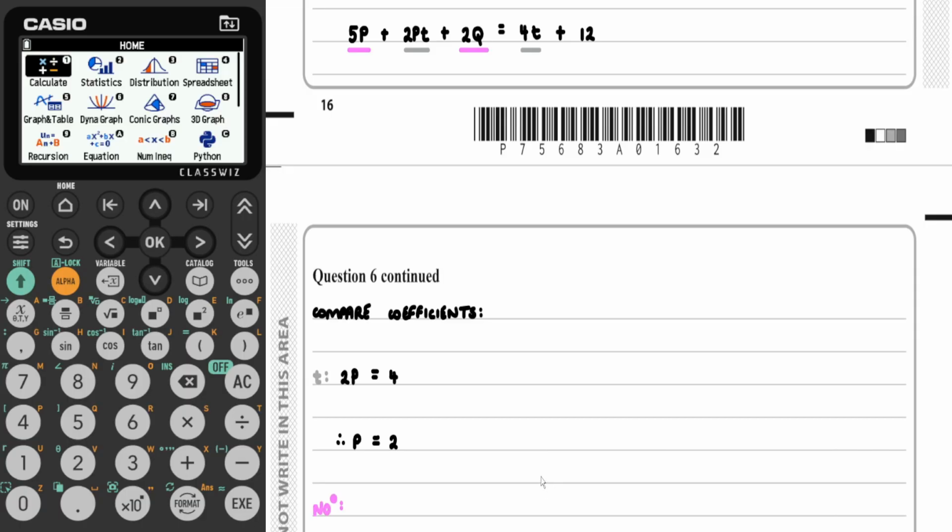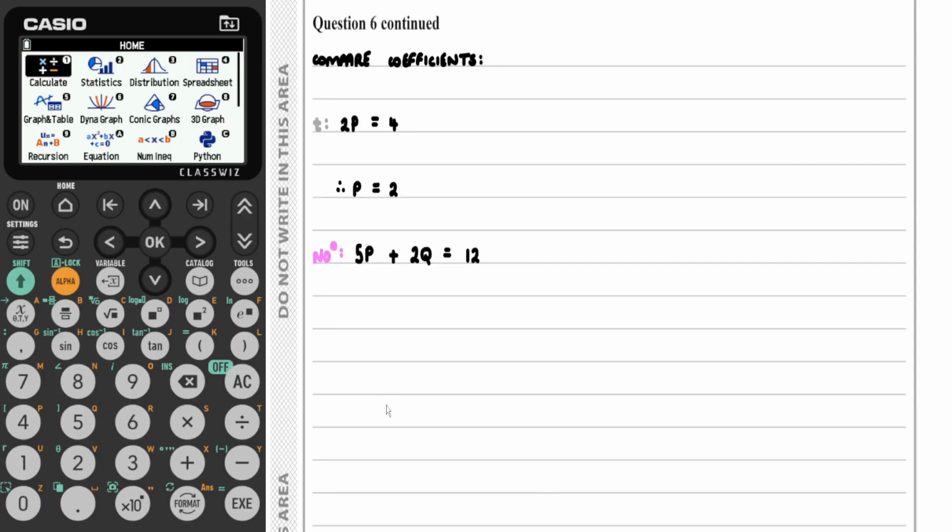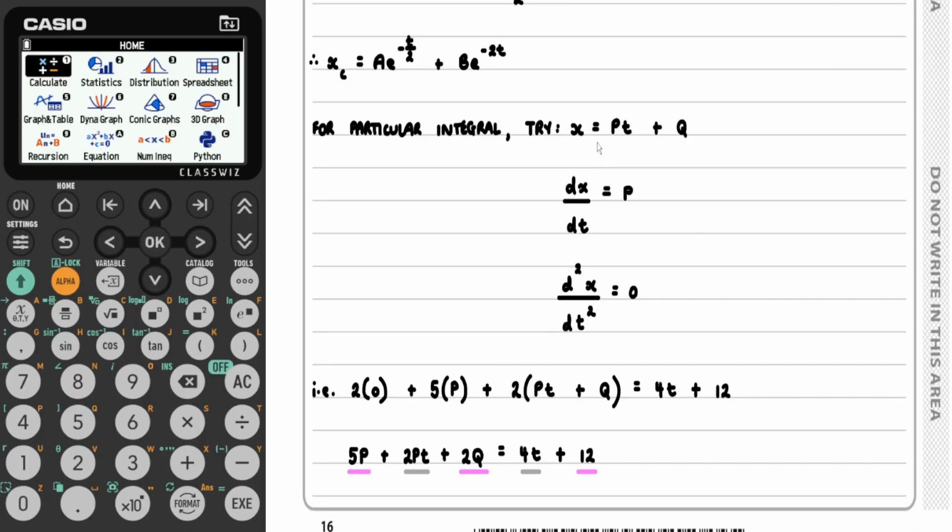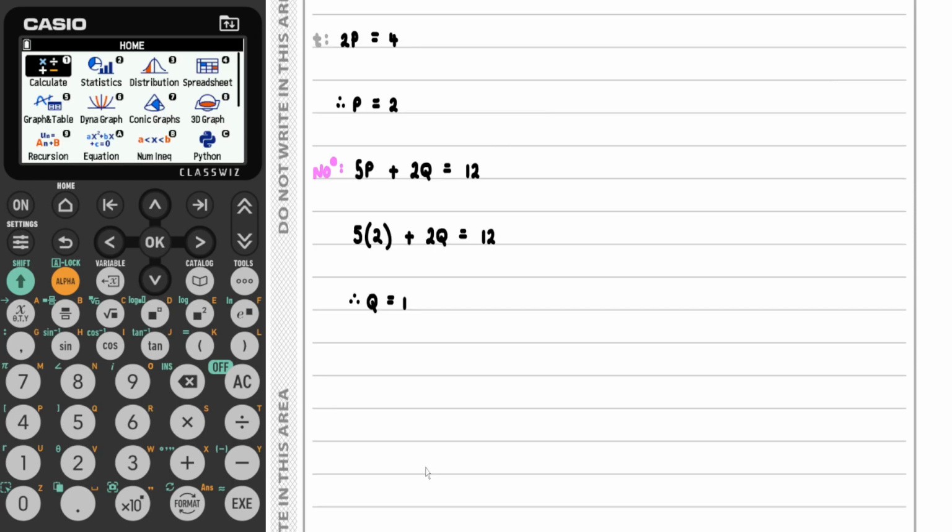On the left hand side I've got 5p plus 2q, and on the right hand side I've got 12. I know what p is, that's 2, so I've got 5 times 2 plus 2q equals 12, meaning q equals 1. So we can replace the p with 2, we can replace the q with 1, meaning the particular integral is equal to 2t plus 1.